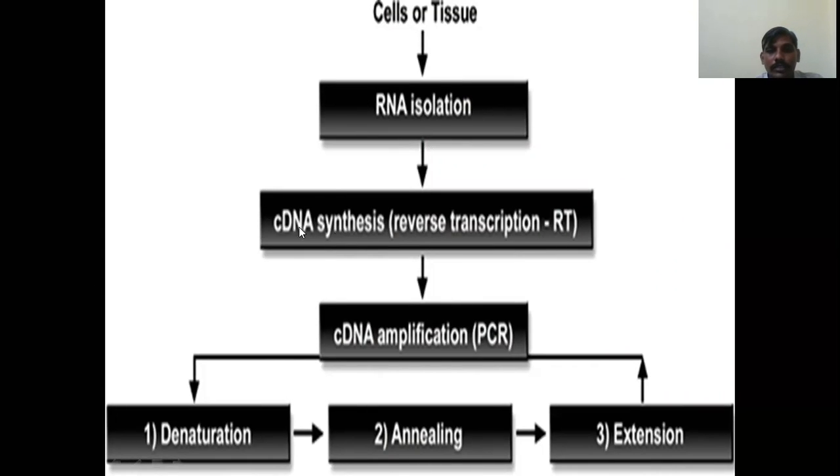From this RNA, we synthesize complementary DNA with the help of reverse transcriptase enzyme. After the RNA is digested by RNase enzyme, the cDNA becomes double stranded. This double-stranded cDNA goes through 3 steps of PCR: denaturation, annealing, and extension. By these 3 steps, we can increase the amount of DNA, or amplify the DNA copies.